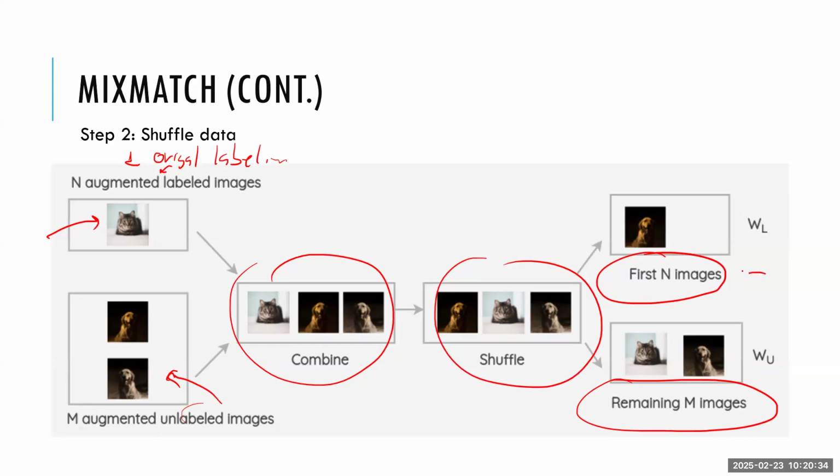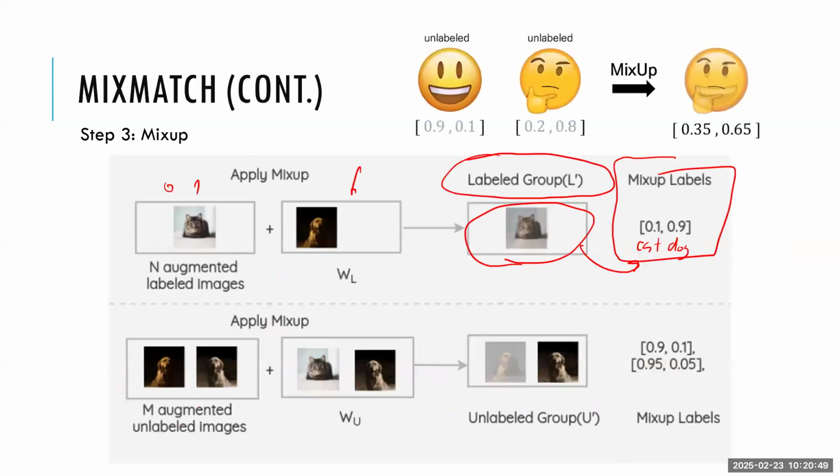And the first group is basically treated as the same as this one, the one that you are confident. And then the bottom group would be treated as not so much confident. And then once you have that, you still have to compute the mix up label.